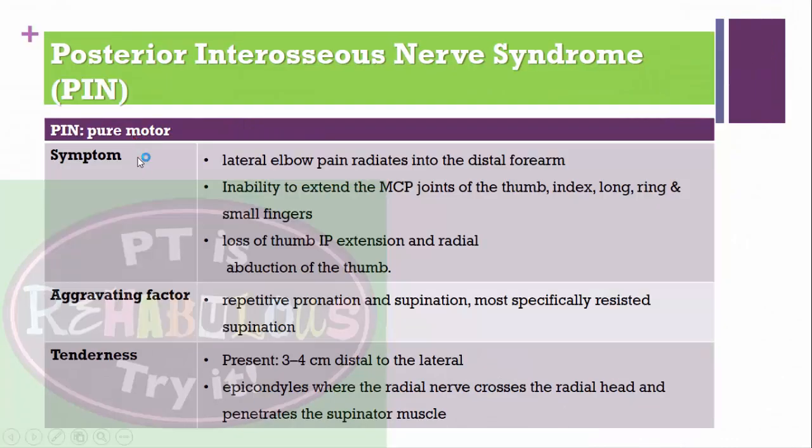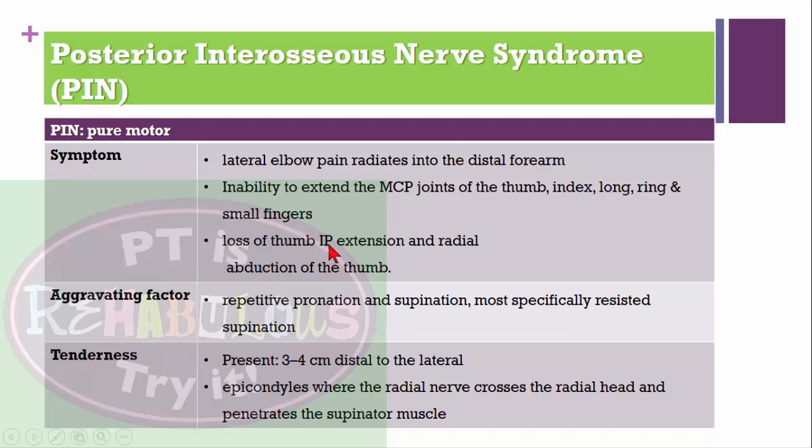Signs and symptoms: posterior interosseous nerve syndrome is a purely motor syndrome, so no sensory changes. Lateral aspect of the elbow pain is there, and that radiates to the distal forearm. Patient is not able to extend the MCP joints of the thumb, index, long, ring, and small fingers.